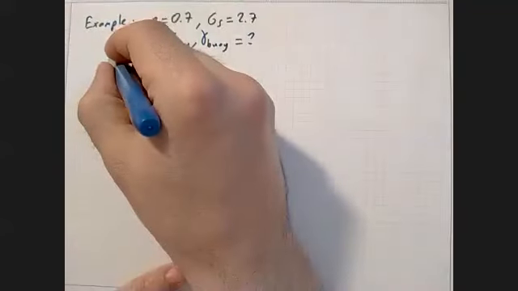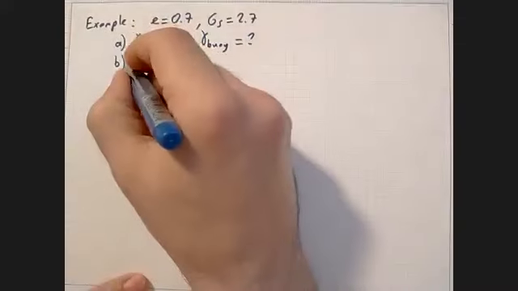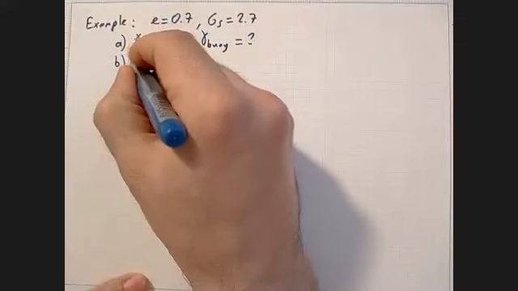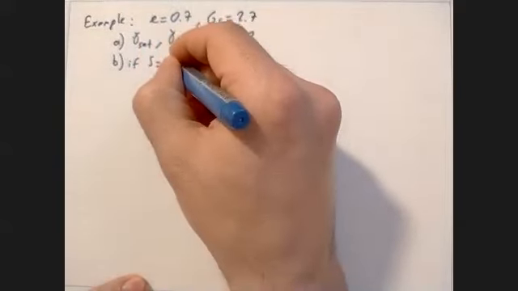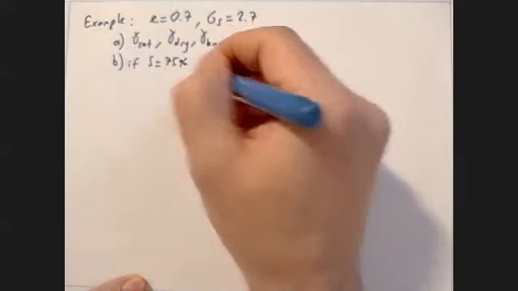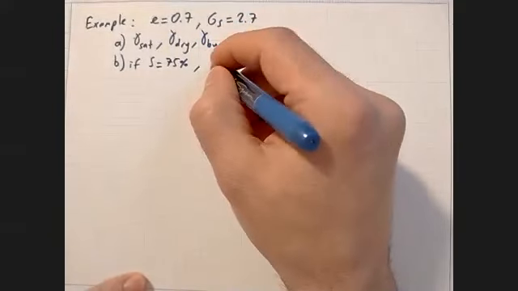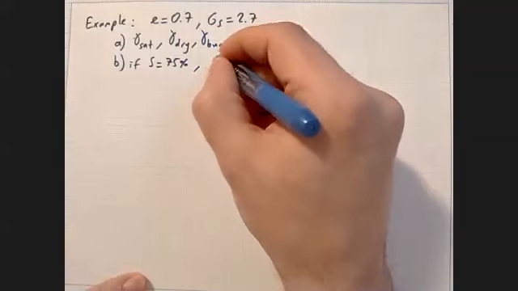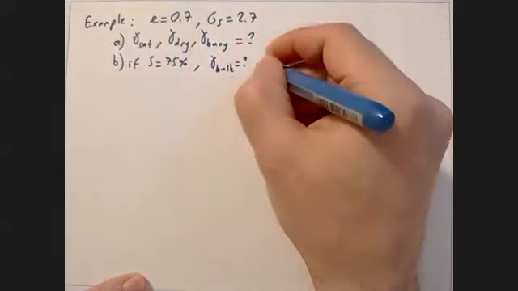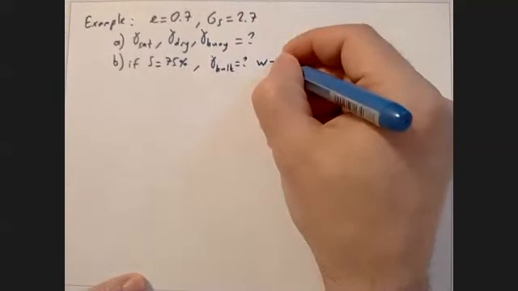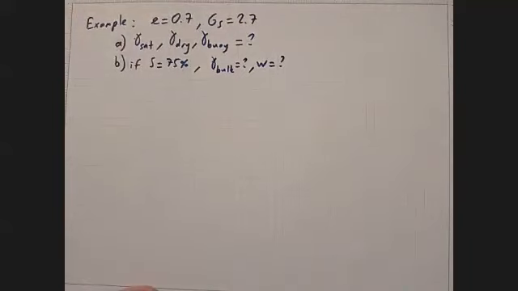The second part is, if degree of saturation is 75%, calculate gamma bulk and water content.